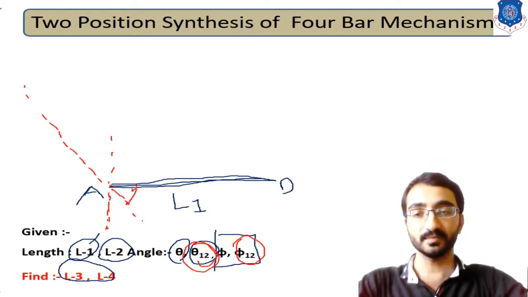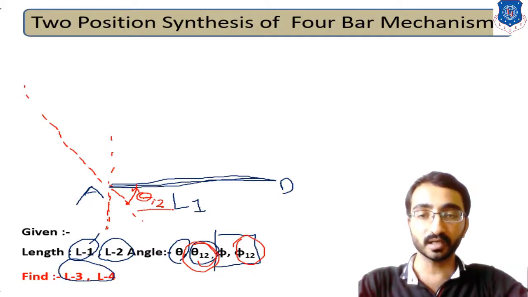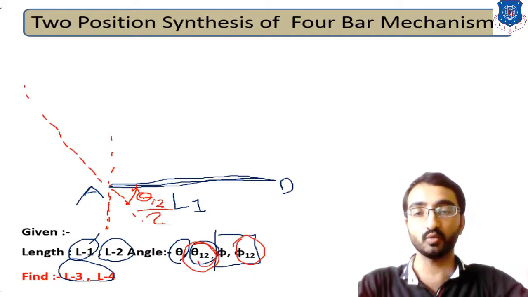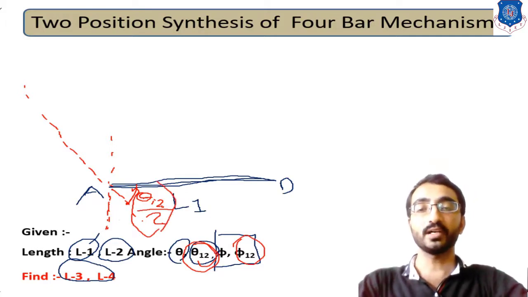Okay, so that is simply defining the position 1 and 2 of the link. So over here you have to consider this angle as theta 12 by 2. Okay, so this one is representing your theta 12 by 2 angle.